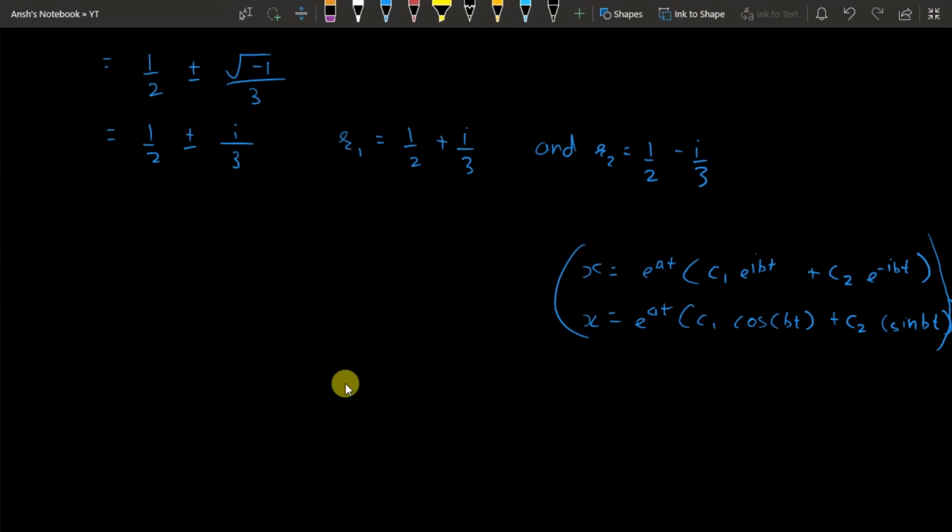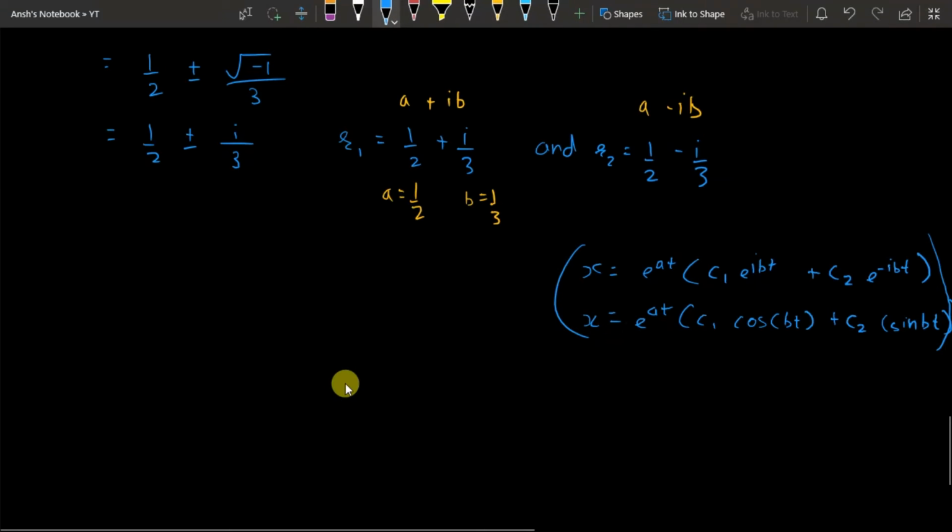Or let's just write, we know the solution is of the form A plus iB and A minus iB. So we can see that A would be equal to 1/2 and B would be equal to 1/3 in this case. And here again, A would be equal to 1/2 and B will be equal to 1/3. So they'll be the same, so we just have to check it in one of the roots.